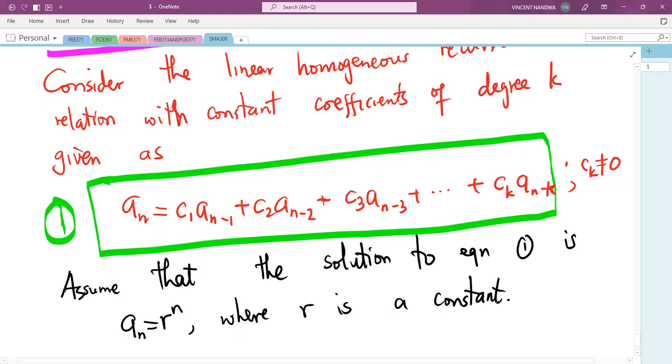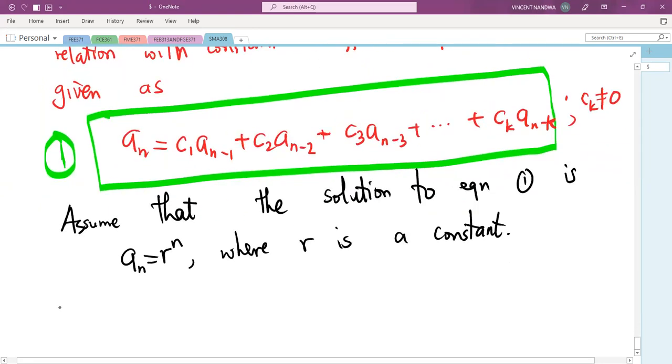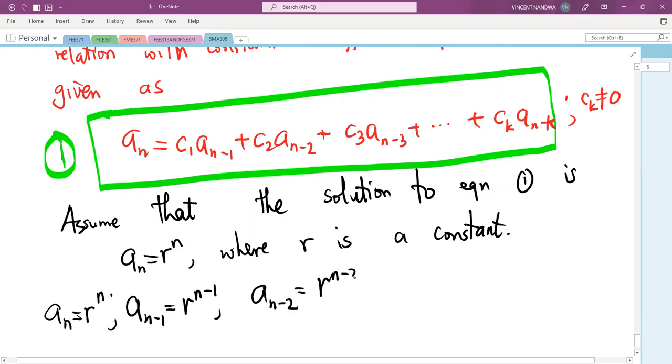Now, you see, if you define a_n equals r^n, then a_{n-1} will be given by r^{n-1}. Then a_{n-2} will be given by r^{n-2}, and then a_{n-3} will be given by r^{n-3}, all the way up to a_{n-k}, which will be given by r^{n-k}.